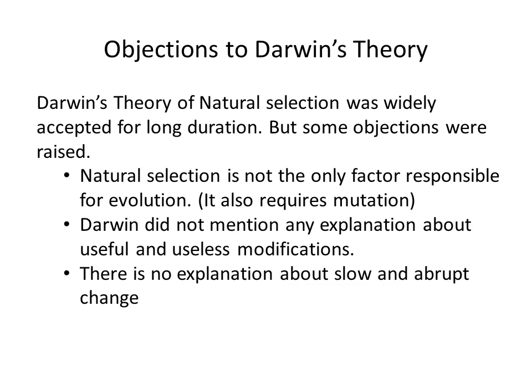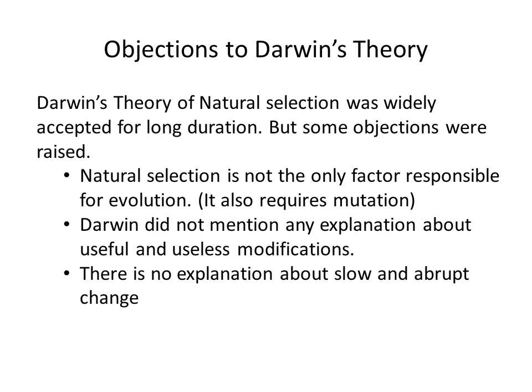This means it also requires mutation. Why? Because mutation means there is a change in the gene, and that's the reason it also creates a change in the character. So natural selection is not the only factor responsible for evolution.